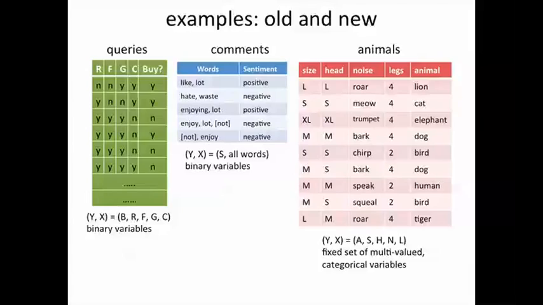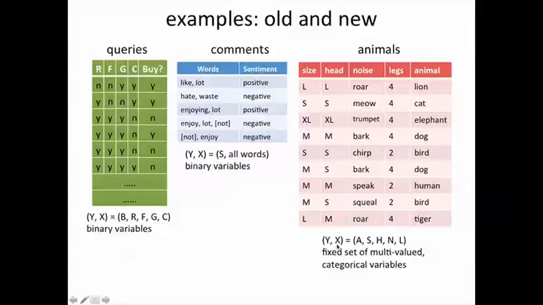And the baby observes many instances and somehow is able to discern these features in terms of whether or not the size of the head is large or small or medium, or whether the animal itself is large or small, and the noise that the animal makes, etc. The machine learning task is then to classify a new animal into the appropriate category: lion, cat, elephant, etc.